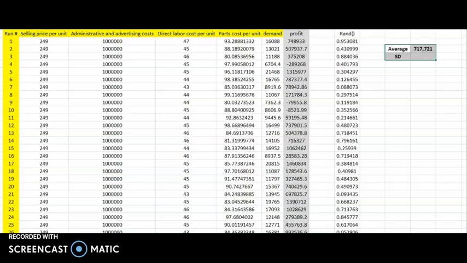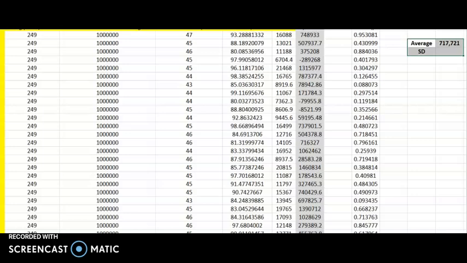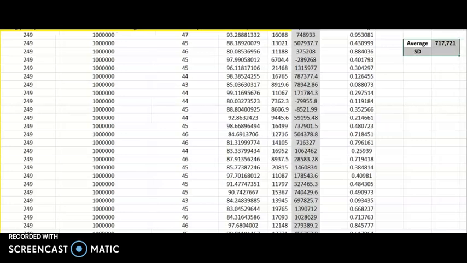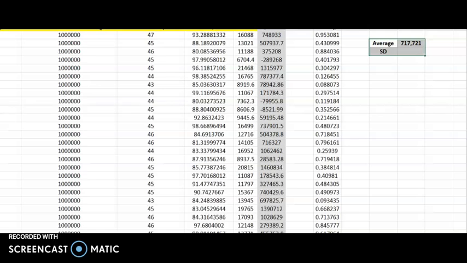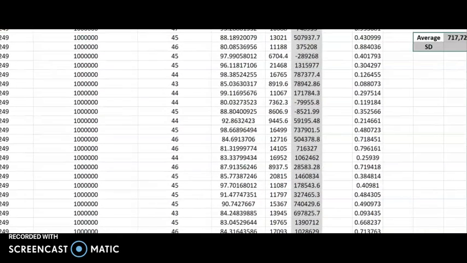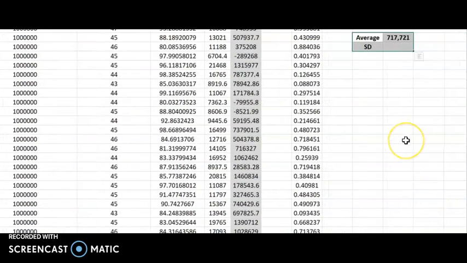Because it's the result of what we tried to achieve. Okay, so you see it says that the average is $717,721. So they are going to make money.